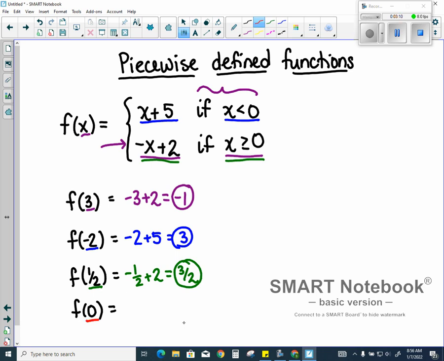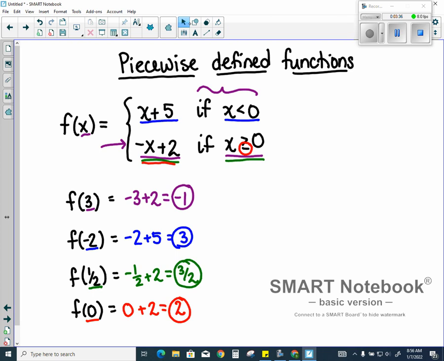Last but not least, if I want to find f of 0, okay, then I come up here and say, well, 0 is the place where I hop from one expression to the other, but this is the one that includes 0. Okay, so this is the one that I'm going to use. The opposite of 0 is 0, and 0 plus 2 is 2. f of 0 is equal to 2.